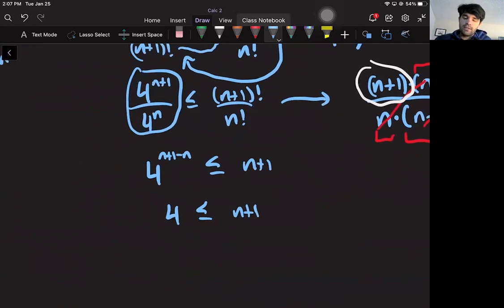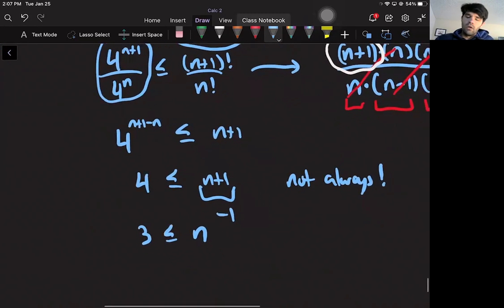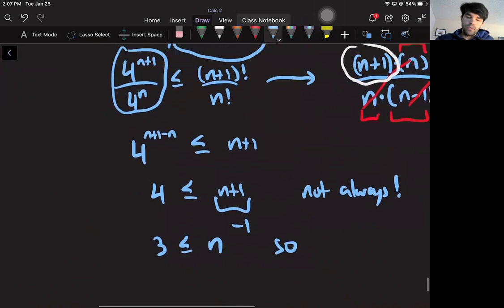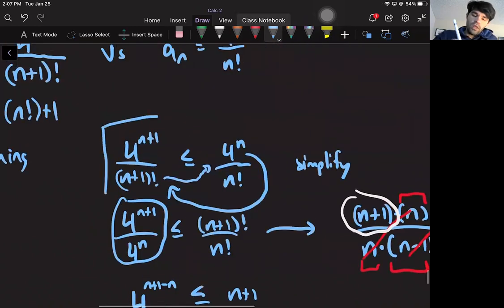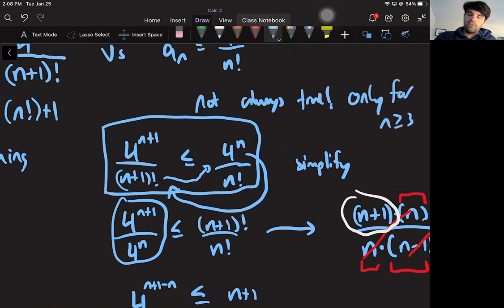Okay, so when is n plus 1 bigger than 4? It's not always true. It's not like 1 being bigger than 0, which is always true. Well, if I just subtract 1, I can see when it's true. It's when n is bigger than or equal to 3. So what this is saying is that our original inequality is not always true, but it is true once you get past 3.